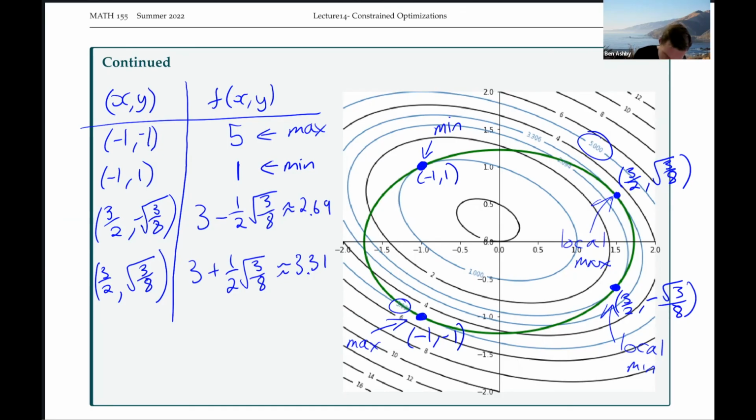We can also see that this level curve in the bottom left, where we have this maximum, is clearly higher than both of the other 2 values on the right hand side, the local minimum and local maximum. So we see that this here is actually an absolute maximum, and this one up here, minus 1, 1, is an absolute minimum.